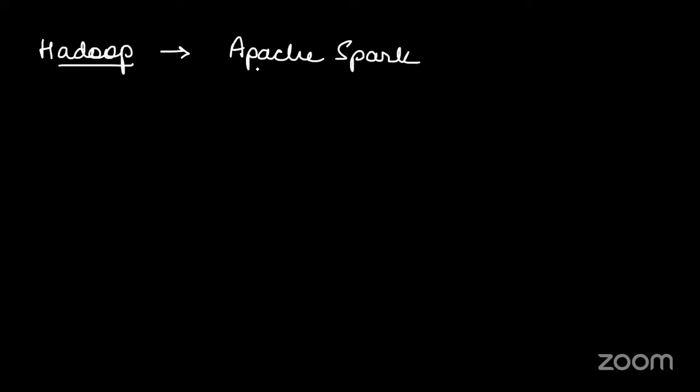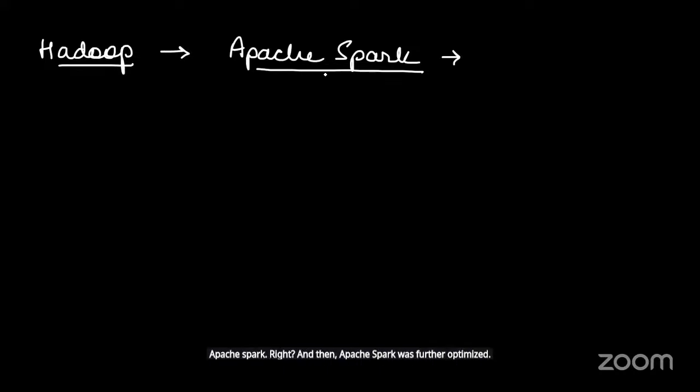Then it was processing the data and keeping the intermediate data on disks. So that made the process very slow, right? So these were the shortcomings in the Hadoop system, which led to the creation of something called Apache Spark, right? And then Apache Spark was further optimized, and the creators of Apache Spark created Databricks.